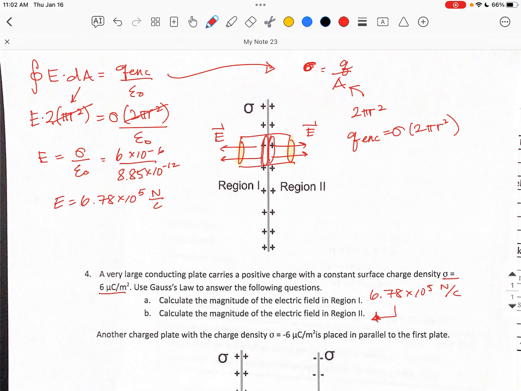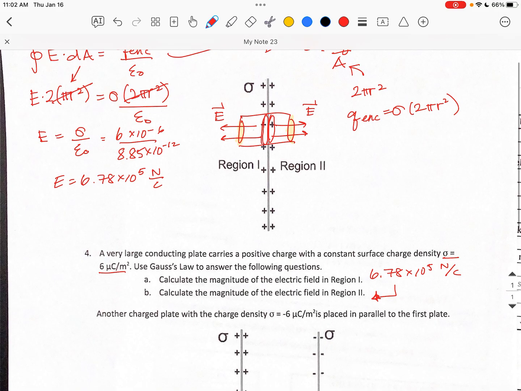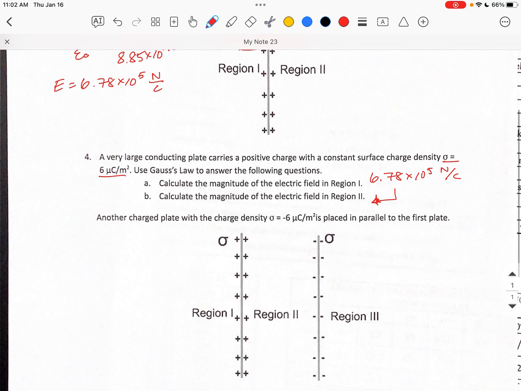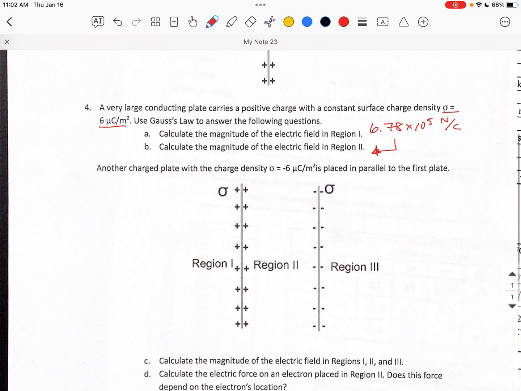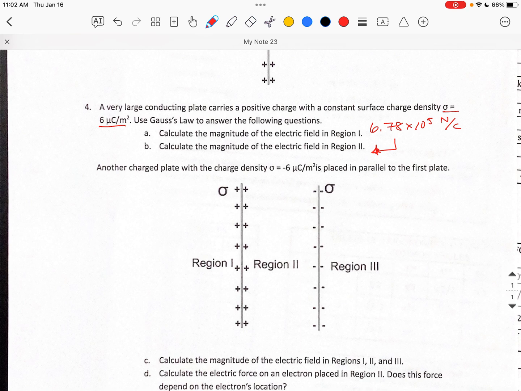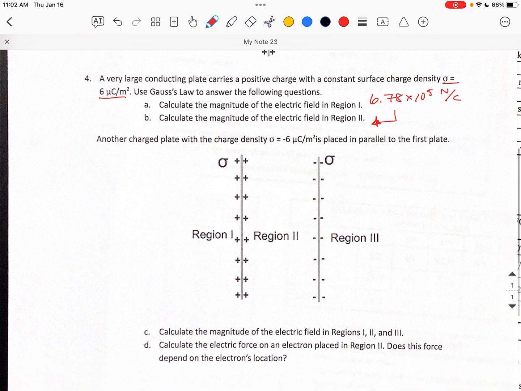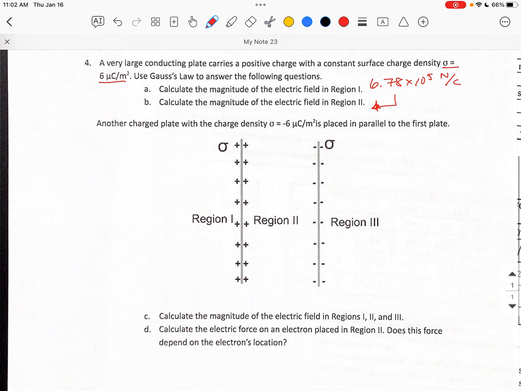The next problem we started in class, and you continued for homework, is when we have another charged plate with charge density of negative 6 microcoulombs. Then how can we find the electric field of these 3 regions?